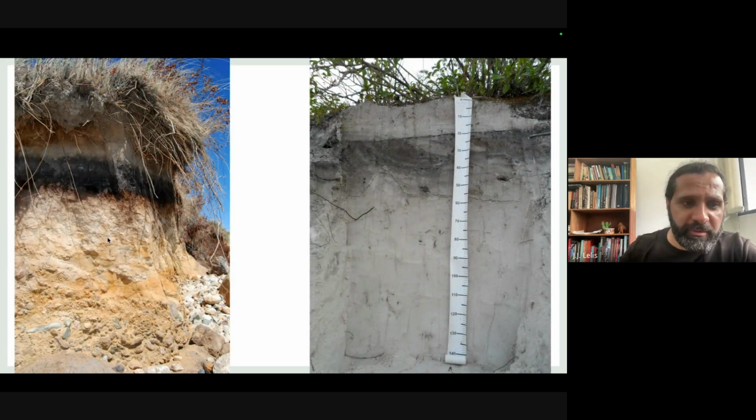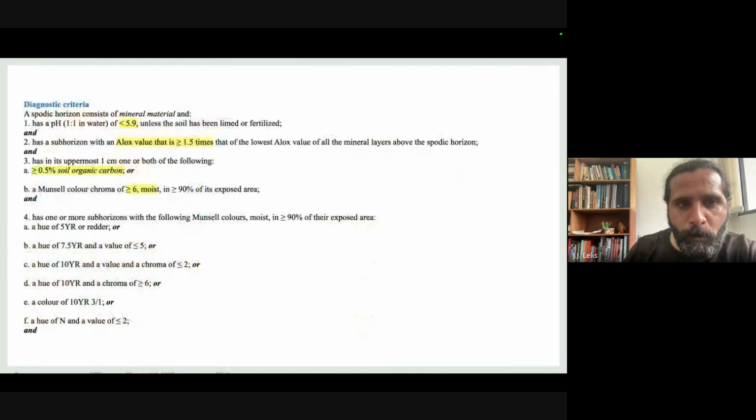So we already saw these pictures showing some spodic horizons that express this migration of organic matter and also aluminum and also iron concentrating and forming these spodic horizons. The criteria for them: we must register an acidic pH, because these soils are connected to this intense weathering and leaching.